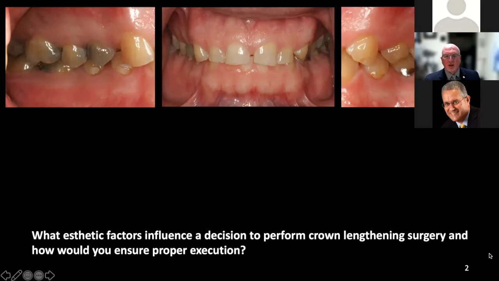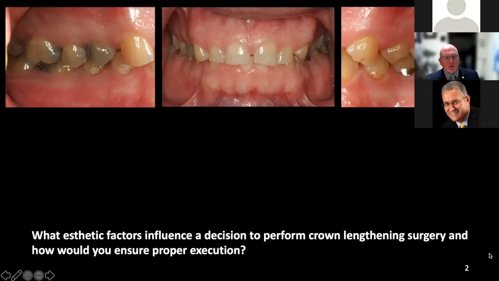Obviously, with crown lengthening, you're changing the gingival height, so you want to make sure that whatever method you use, a wax up or a mock-up that you would provide your surgeon, would allow for a good crown ratio length to width.